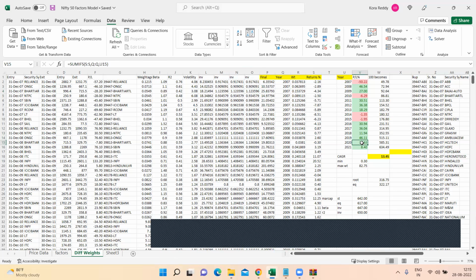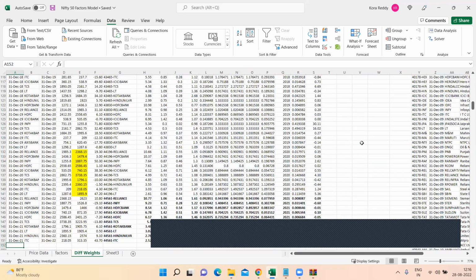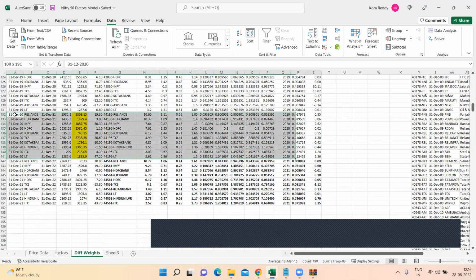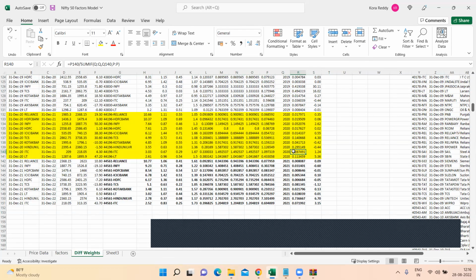Last year, 13% returns, right? ITC had 30% weightage, and ITC didn't fire last year.